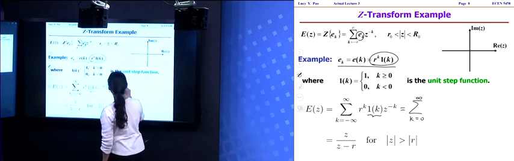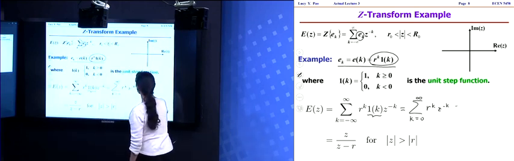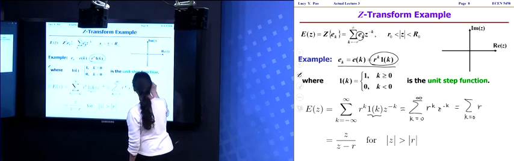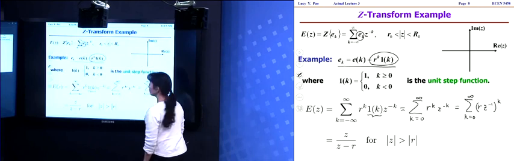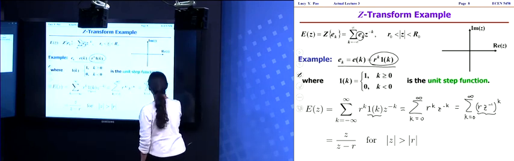So we replace that. So then we just have r to the k, z to the minus k. All right, so then we can write this as the sum over non-negative k of r times z inverse to the k. All right? So now let's call this a.